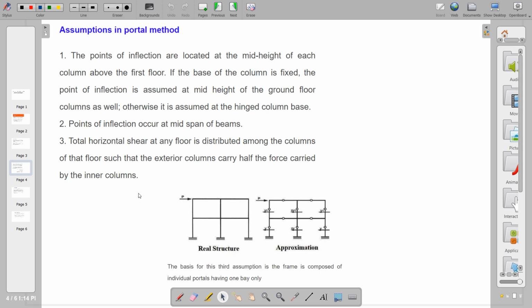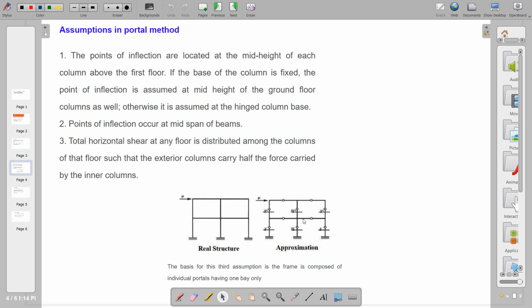So, meaning the internal column will carry more loadings or more shear force than that of the exterior column.